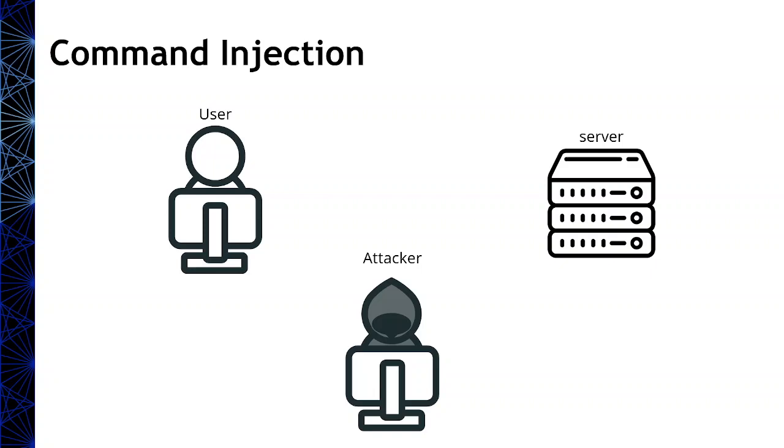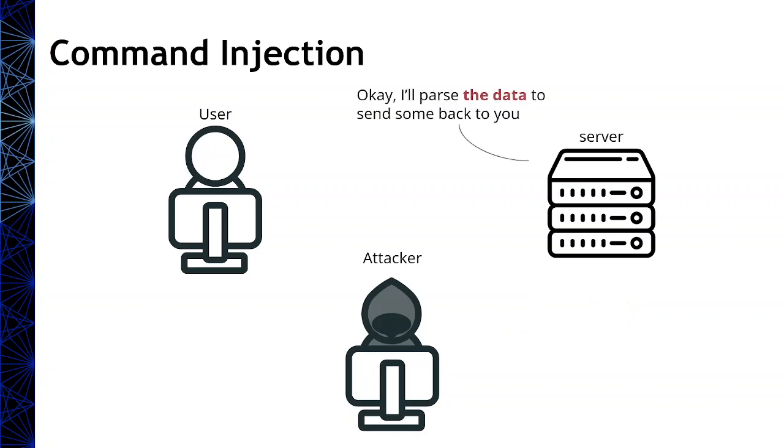Now, on the other hand, we have command injection. Do you remember that another interaction that any user, including the attacker, can have with the server is to specify some sort of request that contains data which identifies the data they want to collect from the server? Well, an attacker in this case can create such a request so that the request itself contains malicious data.